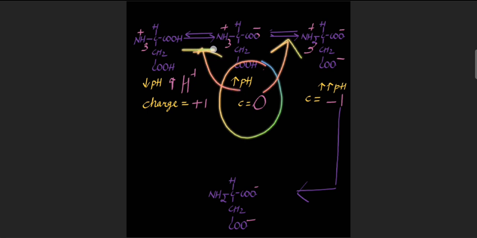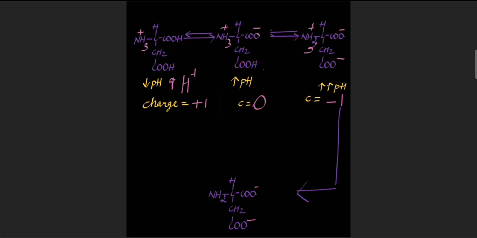Can you tell me what value this actually is? This is the pKa₁ value, right? And this value is the pKa value, right? So we have to take into consideration the values which are right and left of the isoelectric point. So this one and this one.